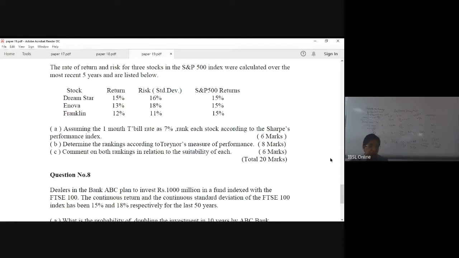Right. Try to get the beta value for Dreamstar.